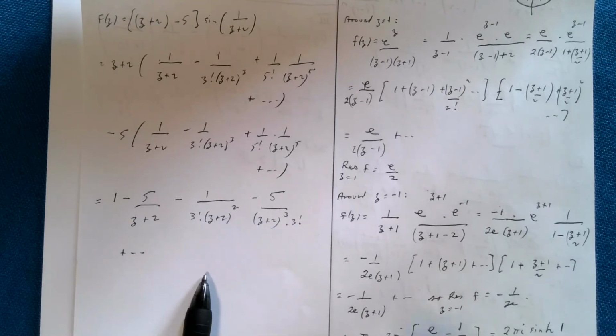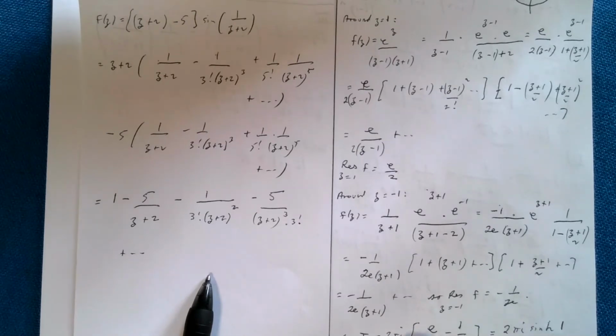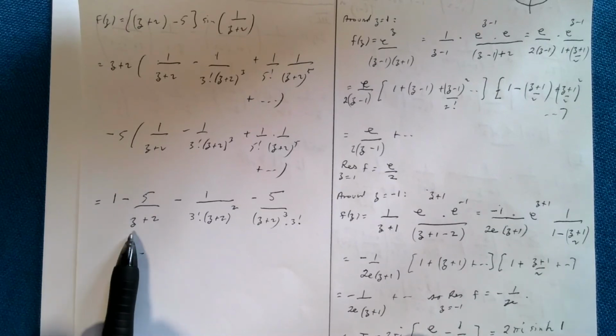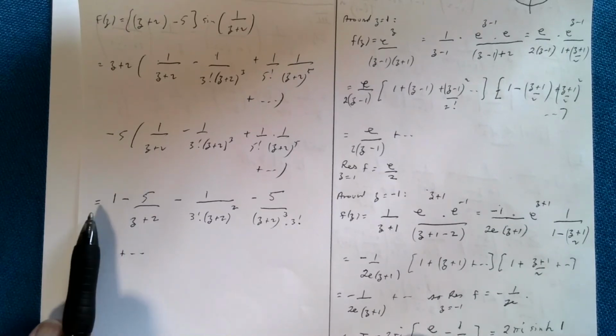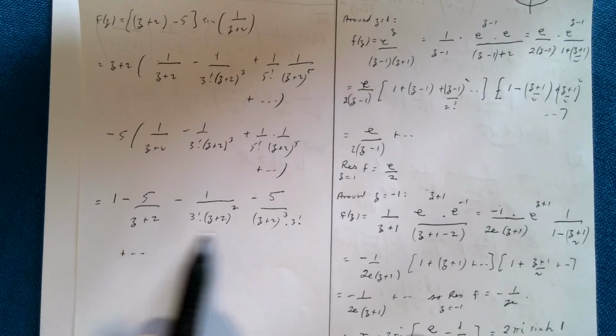And we're going to see later that such a singularity is going to be called an essential singularity. I should mention also that the principal part of a Laurent series are the bits with the z's in the denominator. So the principal part of this function would be this much without the 1 there.